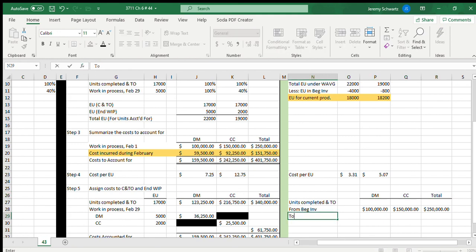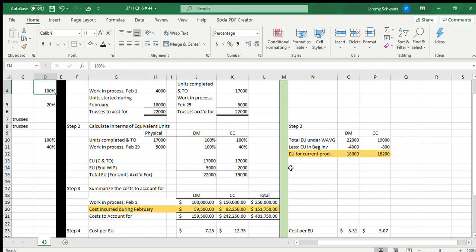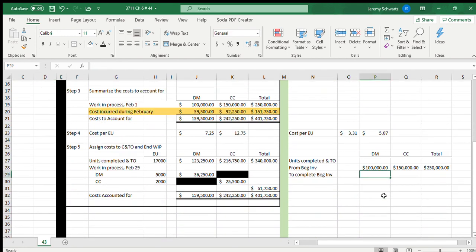So now we'll have costs to complete beginning inventory. Well, since the direct materials were fully completed here, this cost will be 0.